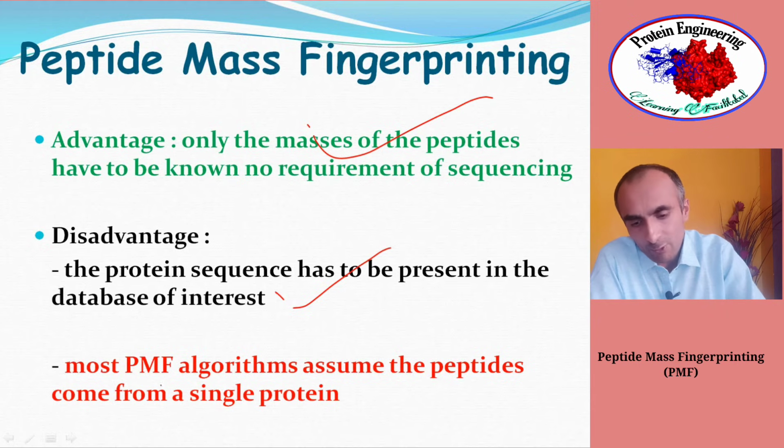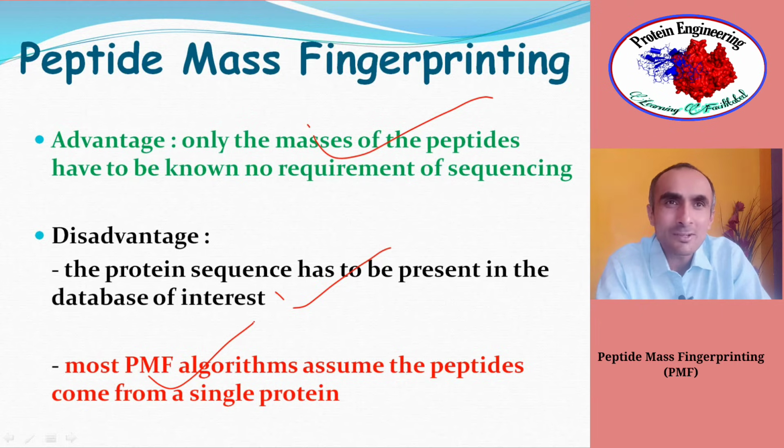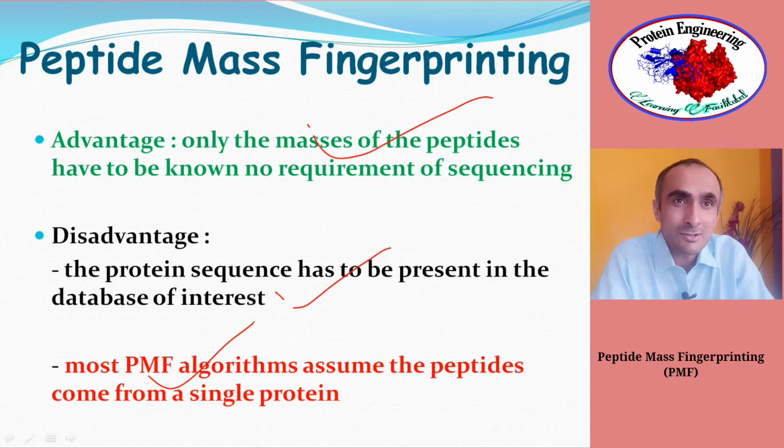Another is that most PMF algorithms assume the peptides come from a single protein. If there is a mixing of proteins in the protein of your interest, then not only PMF but even Edman degradation or other methods of identification are not valid. They cannot be used to identify the protein if there is a mixing.